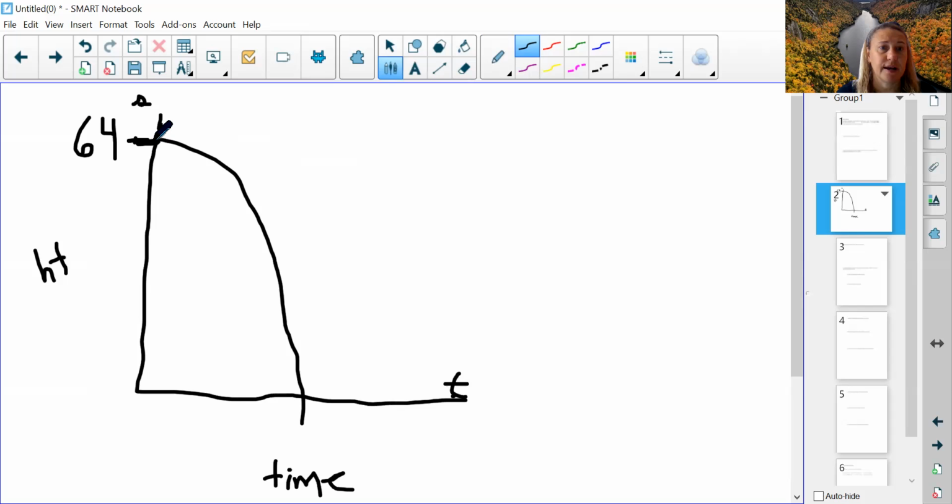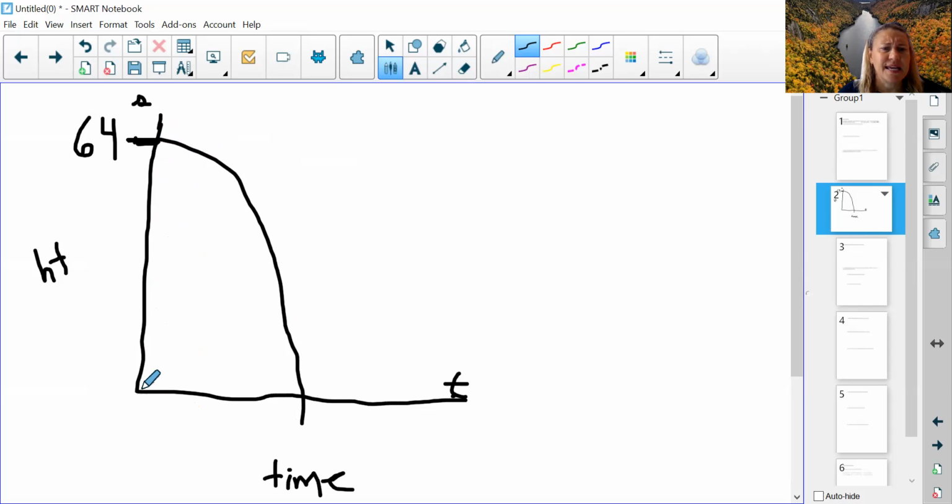I start here at a height of 64, so I drop it off the building. It's falling straight down. Don't confuse this arc with the path of the object. The object itself falls straight down, but this is modeling the height of the object, rather than the path that the object actually takes, which is a straight downward path.